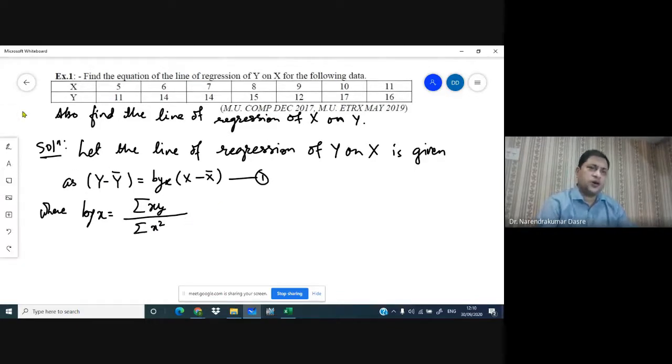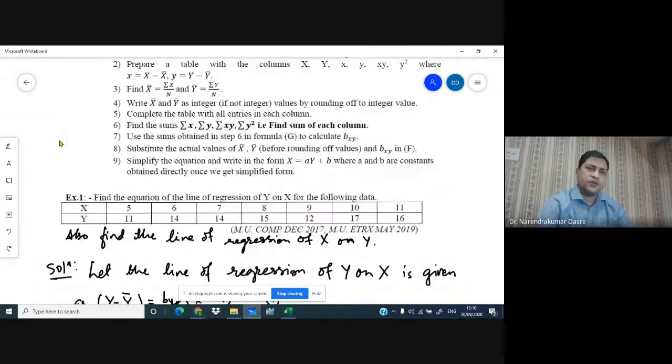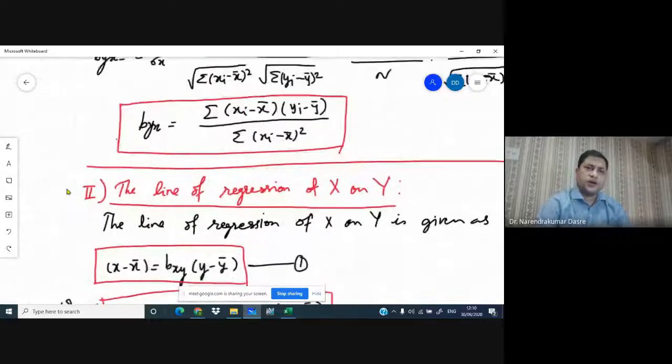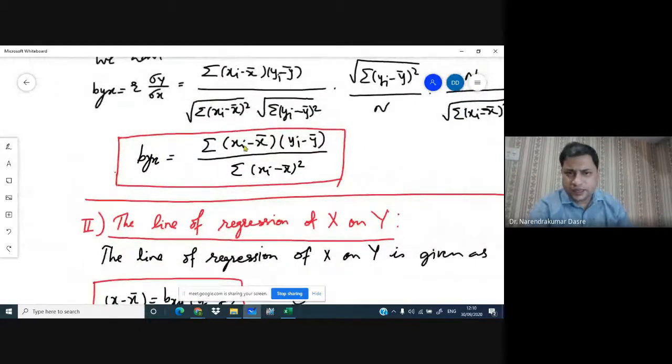So you can see this formula. We want Byx. You can see this is summation small x small y, and this is small x square.